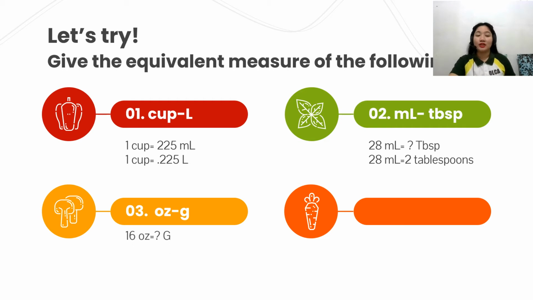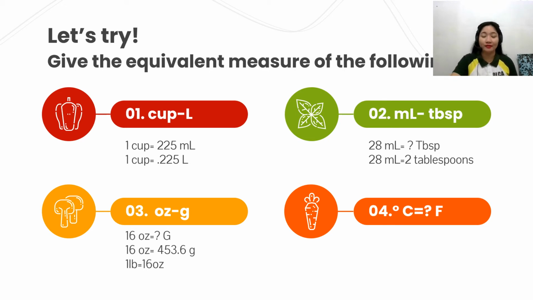We also have ounces to grams. How many grams are there in 16 ounces? We have 453.6 grams. Again, the following is given on our table of weights. We also have, 1 pound is equivalent to 16 ounces.